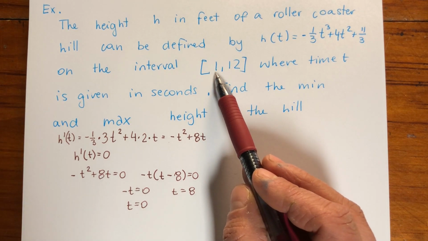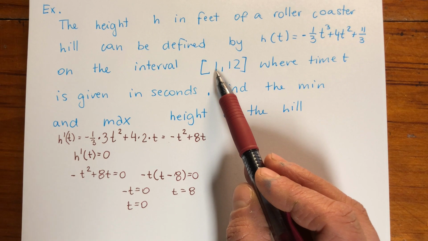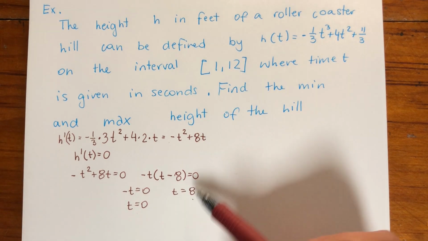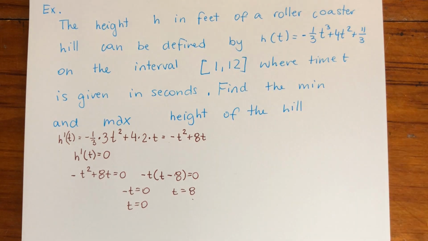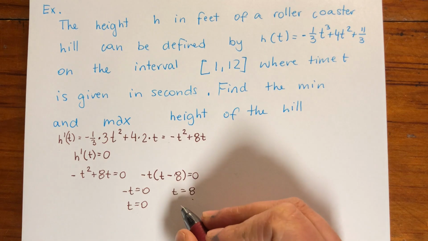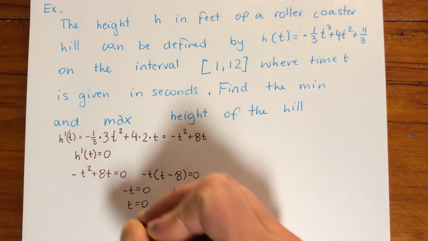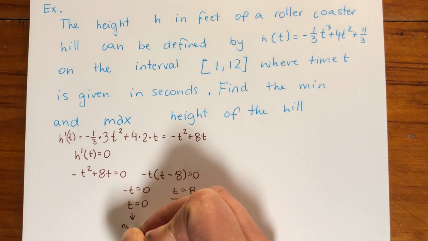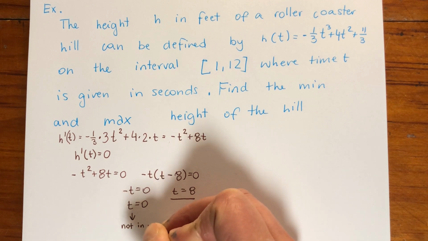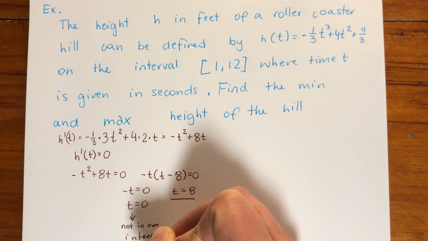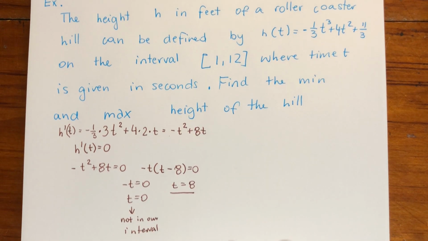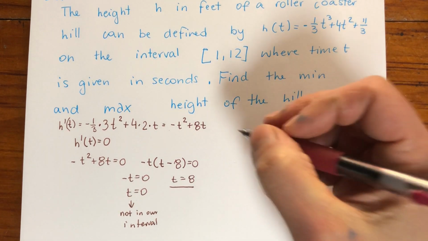So we need to look at 1, and then we need to look at 8, and then we need to look at 12, and then we are going to decide what is the maximum and what is the minimum point. Again, 0 is not in our interval, so we are not going to be considering it.